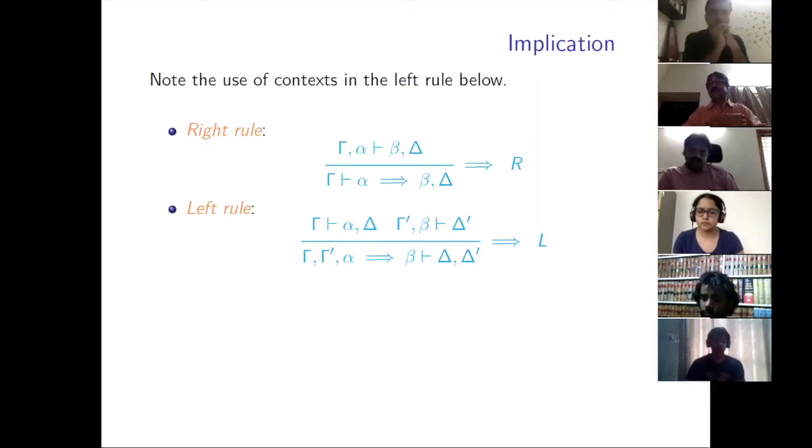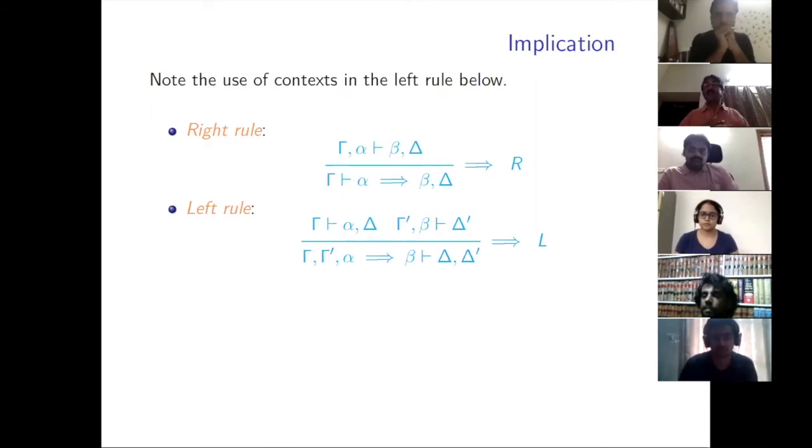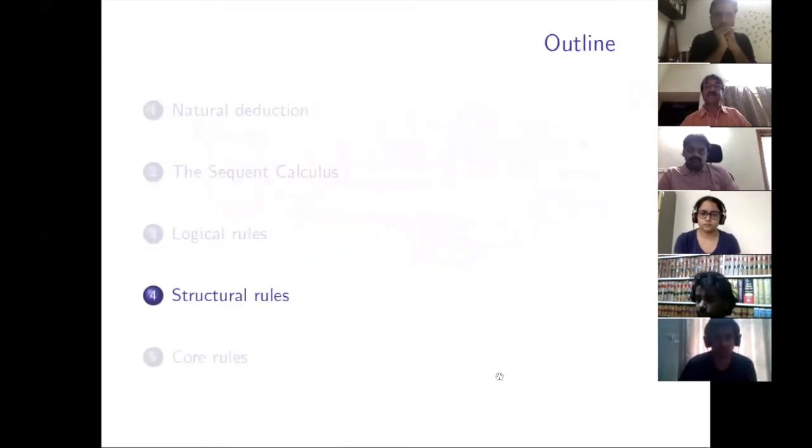And that's why I said the connection with programming language theory is very, very strong. The constructs that you use and how you reason, compose these constructs is very important. That's what Gentzen had, a very nice insight. So these are the logical rules. For the propositional constants true and false, we had right and left rules as many as we could. Then for negation, conjunction, disjunction, implication, for all of them we have got right and left rules. So now we go to the structural rules.